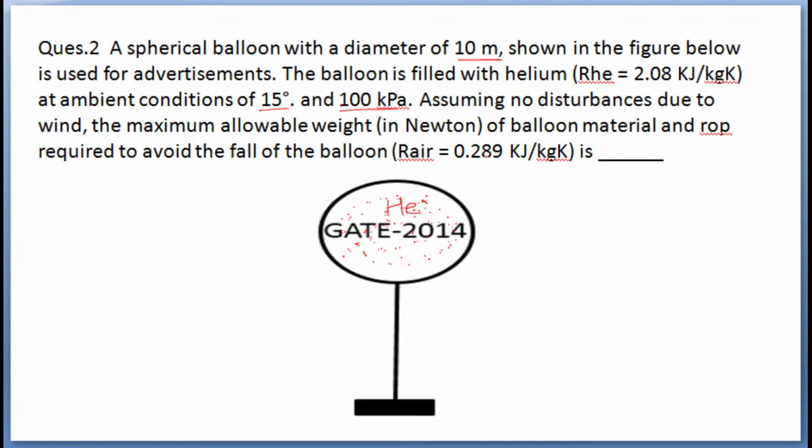Now listen. Again the concept is the same. Concept is make free body diagram. Just make free body diagram of the balloon. This is my balloon. So what is the free body diagram? Weight of the balloon comes downward like before.